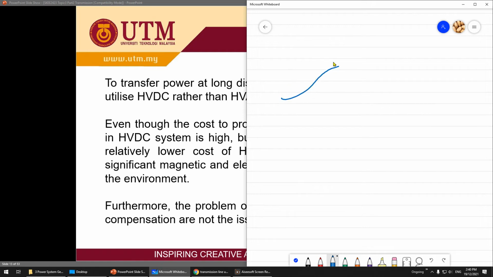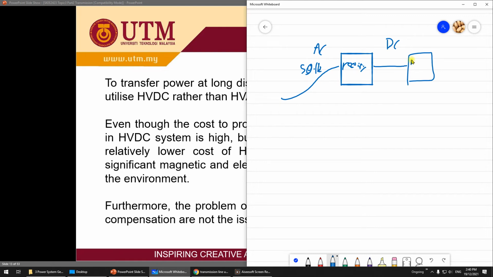You have a line here, this is 50 Hertz. You have to rectify. It's called rectify. So this is AC. After you rectify it, it becomes DC, and then you have to invert.